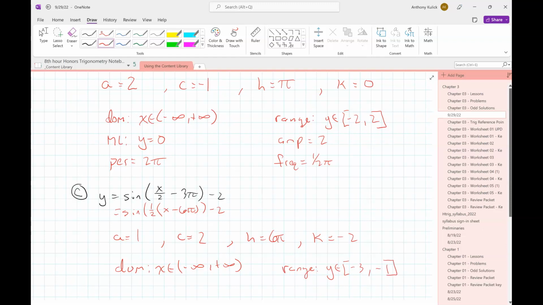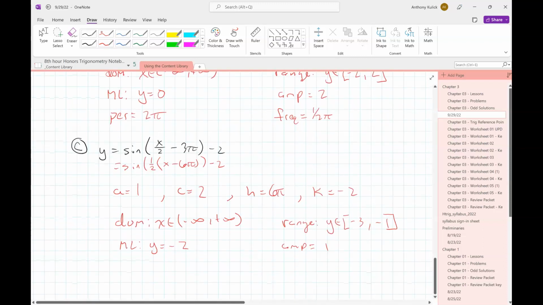K minus absolute value A, K plus absolute value A. We good? Midline. y equals -2. Amplitude 1, absolute value of A.